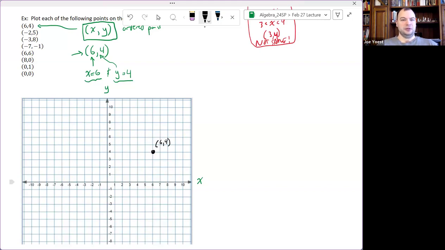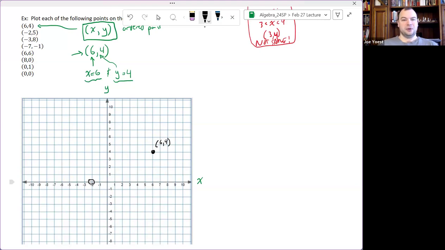I could label (-2, 5). If I have a negative number for x, I know how that works with a one-dimensional number line. If I'm at -2 on my one-dimensional number line, I would be here. So my x direction, my horizontal direction, is going to be 2 units to the left of the origin, indicating -2, or 2 units west, so to speak.